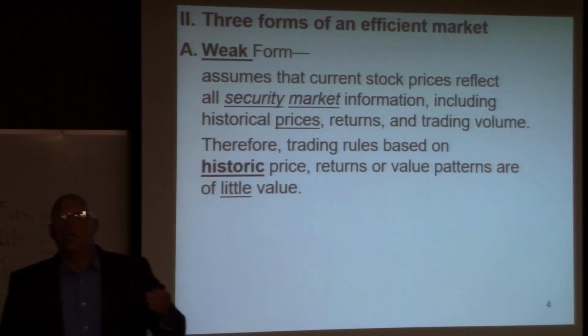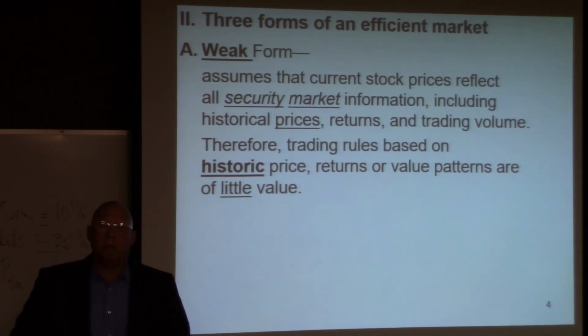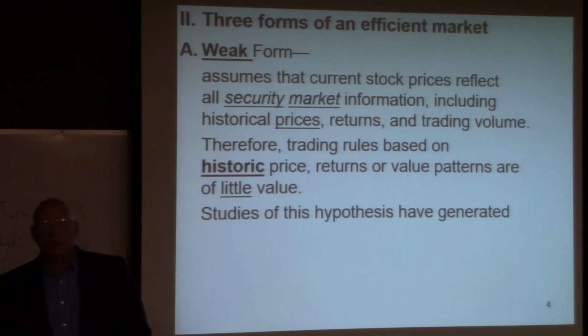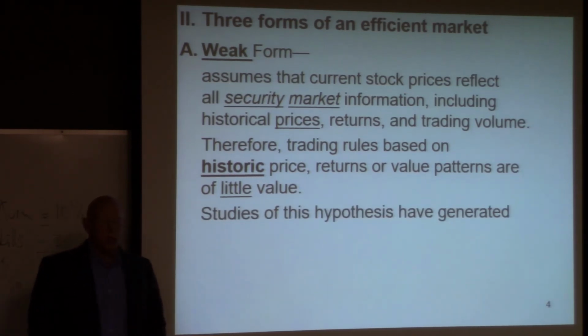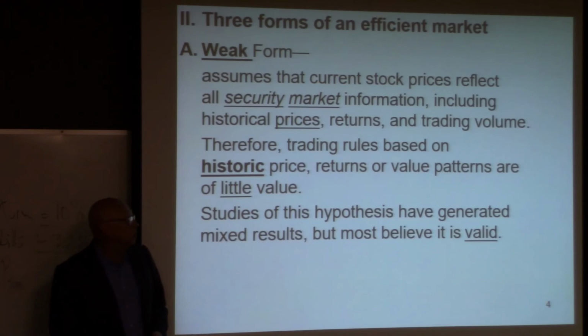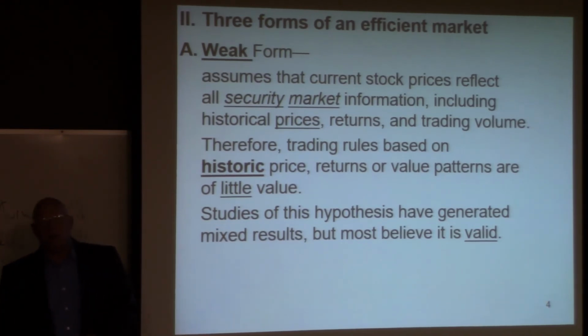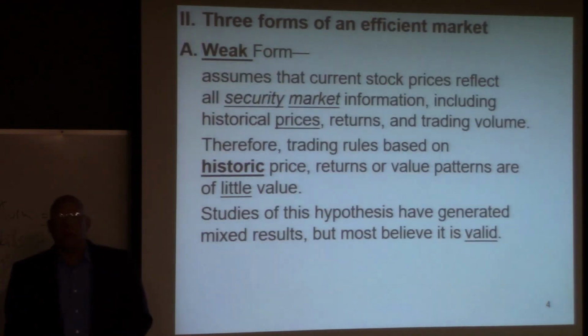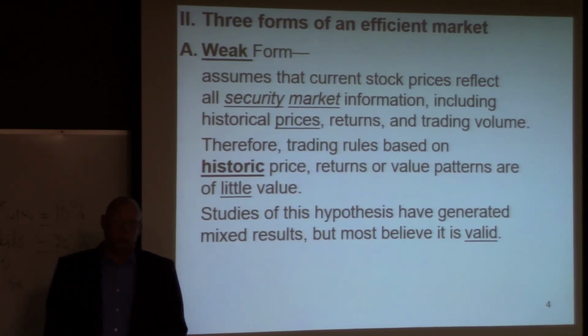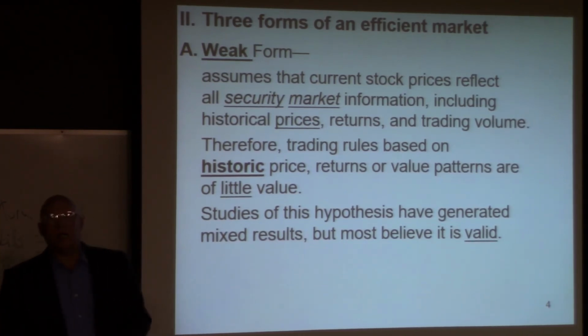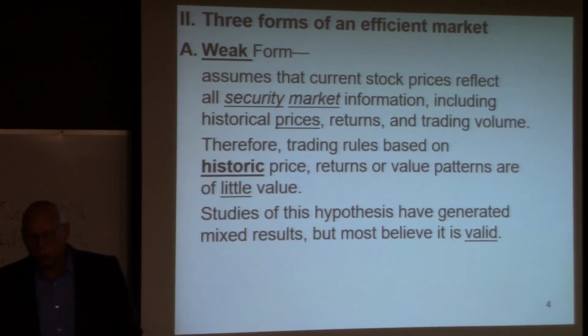In other words, using information about the past does not help us in forecasting where we think stock prices will go. Lots of studies have been done of weak form efficient markets, and most people believe that the market is weak form efficient, which means that studying the past doesn't do a whole lot in terms of helping you predict the future.